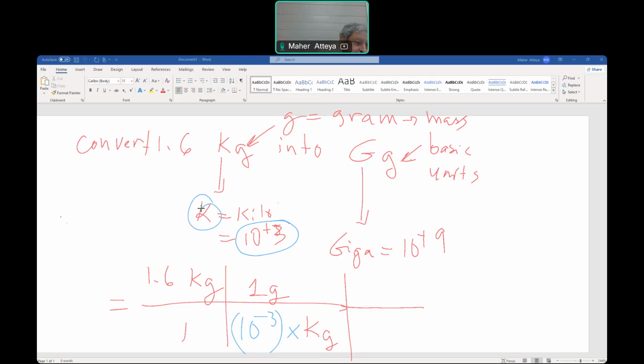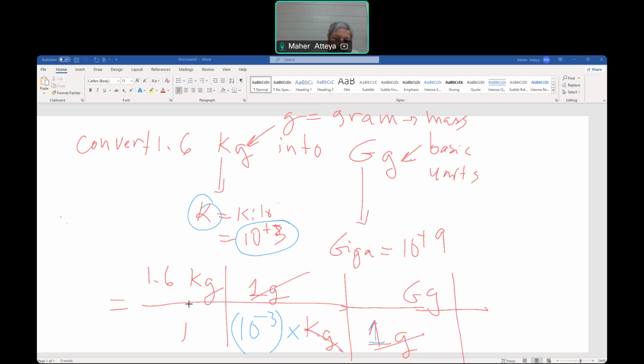Then I go back. I have 1 gram. How much is this in gigagrams? Well, gram with gram cancels out.